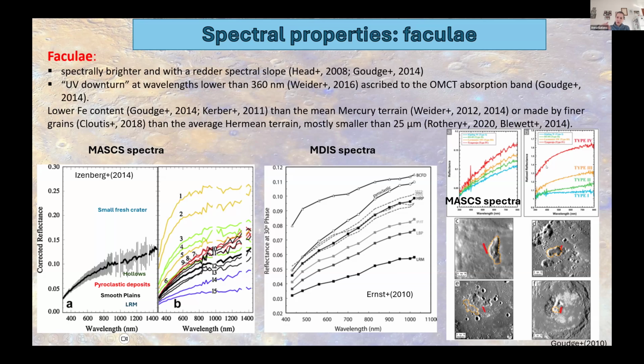And this sort of curvature is ascribed to a specific absorption band, the oxygen-metal charge transfer absorption band, that occurs when the oxygen is linked to a metal, such as iron, titanium, or other. And in fact, these spectral properties suggest that pyroclastic deposits probably have a lower iron content with respect to the Mercury terrains, or are probably also made of finer grains than the average one, that is smaller than 25 microns.